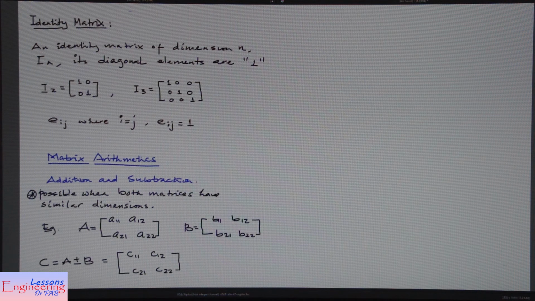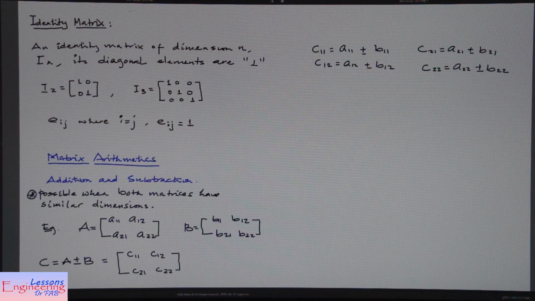Now what is C11? C11 is A11 plus or minus B11. C12 is A12 plus or minus B12, and C21 is A21 plus or minus B21, and C22 equals A22 plus or minus B22.